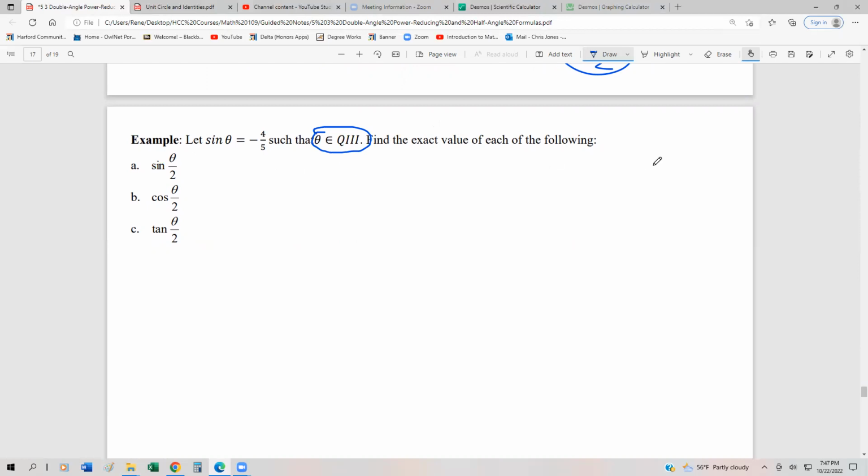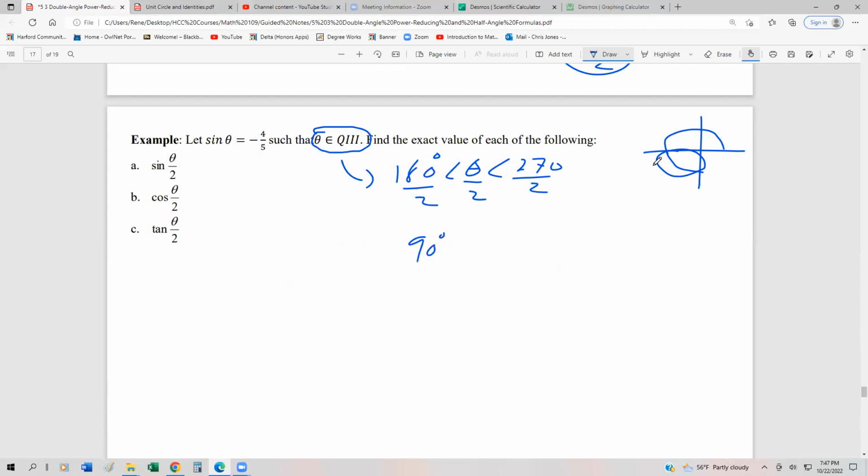Now if theta is in quadrant 3, that means it's between 180 degrees and 270 degrees. So we're looking at angles that lie in this quadrant. Well, that means that if we divide everything by 2, we get 90 less than theta over 2 less than 135.